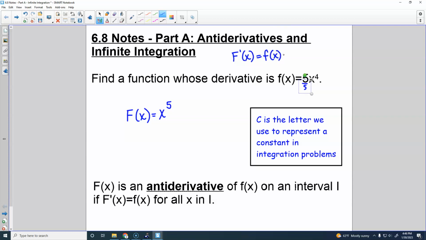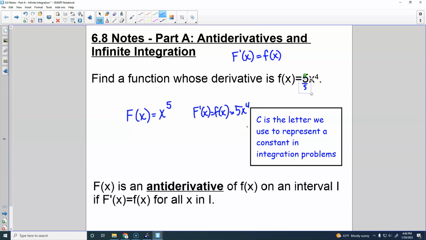That's just notation that you'll see a lot of times. So it is true that this is possible for an answer. Certainly, if we take the derivative, capital F prime of x, or we could call it lowercase f of x, here we would get 5x to the fourth. So this is a possibility.